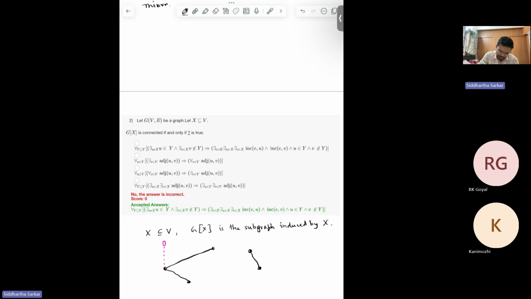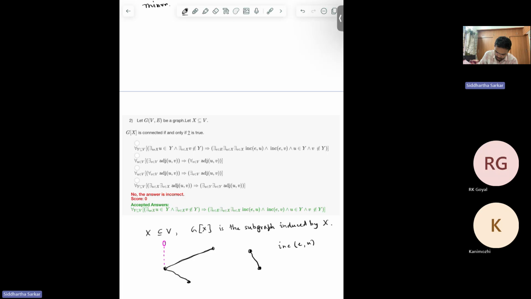Okay. So now the question is, when is the subgraph induced by X connected? So there are certain options, and INC means incidence.